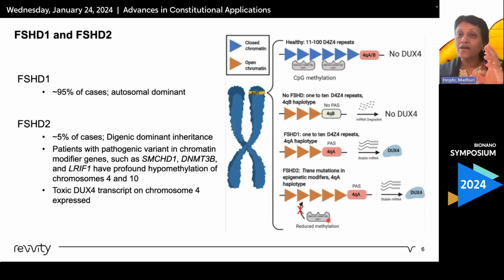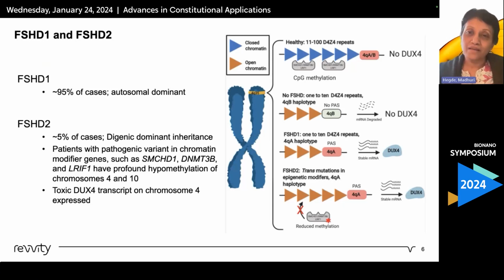The 4QA allele is a permissive allele. 4QB and 10q25 are non-permissive. They do not have a polyadenylation signal. So the permissive allele is 4QA, and the contraction on the 4QA allele is what leads to the expression of a stable RNA of DUX4 and thereby the clinical presentation.